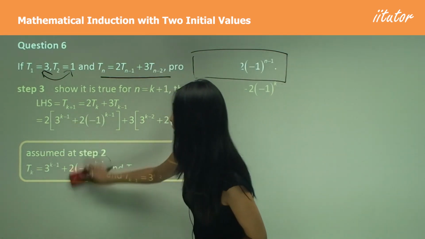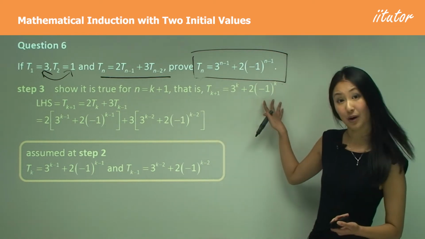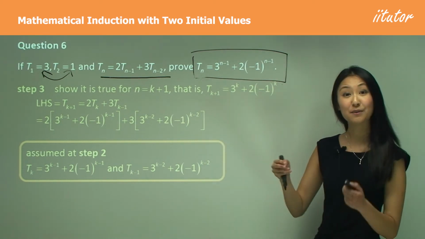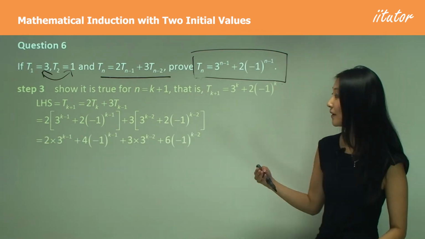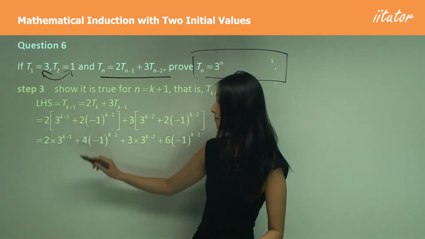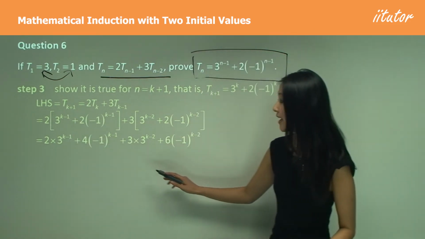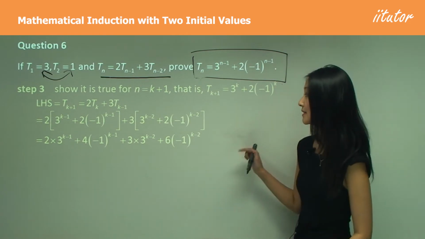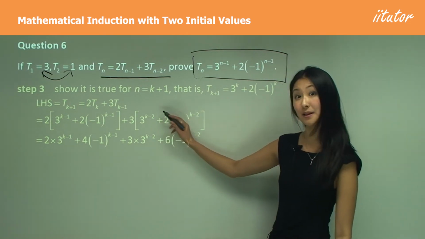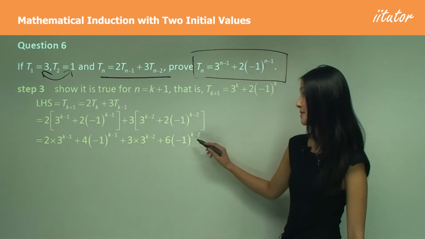We just have to work on manipulating this equation to look like the right hand side. So the first thing I want to do is just expand it. What I've done here is 2 times 3 to the power of k minus 1, and then I have 2 times 2 is 4, and this stays the same. And then moving on to the second part of the expansion, 3 times 3 to the power of k minus 2, 3 times 2 is 6 times negative 1.